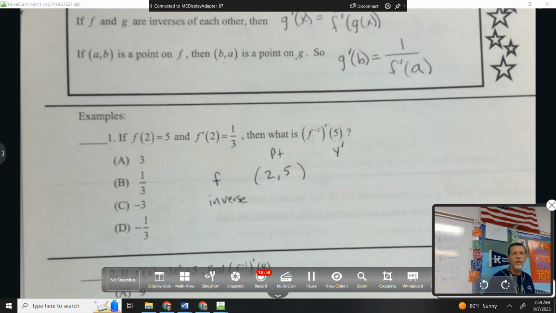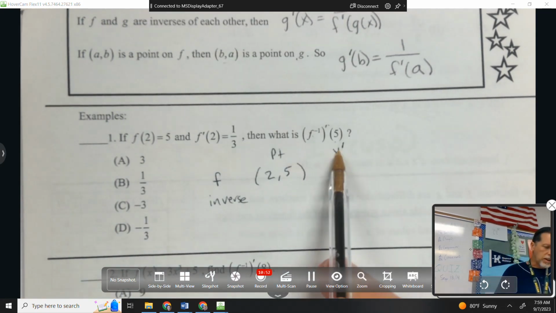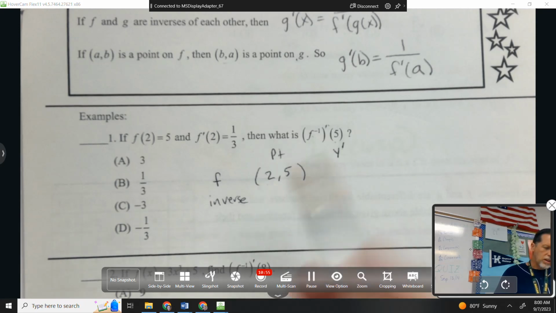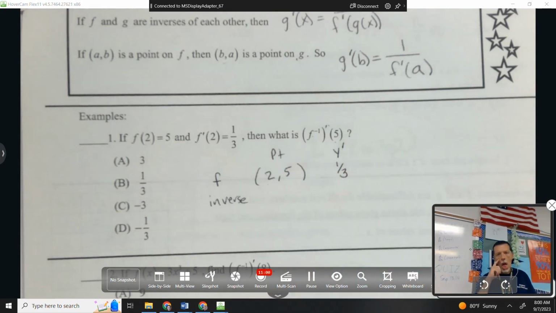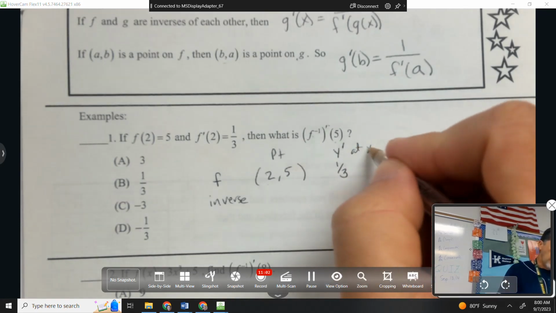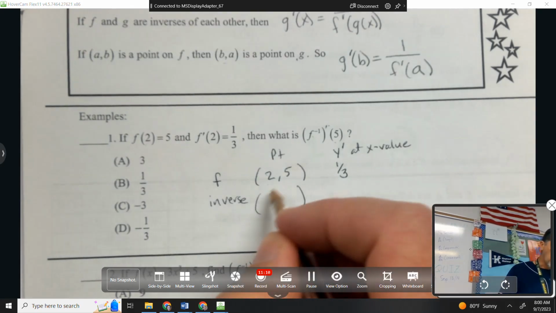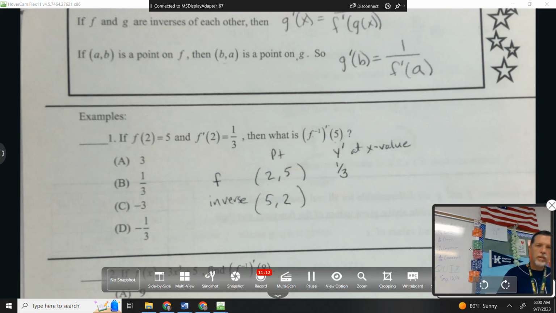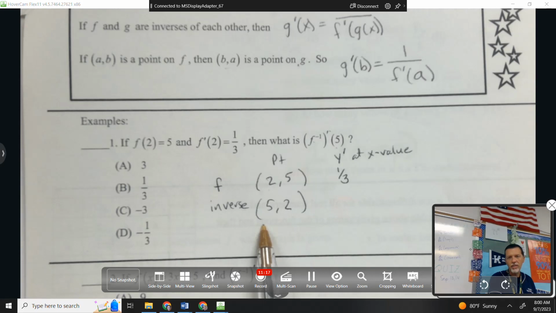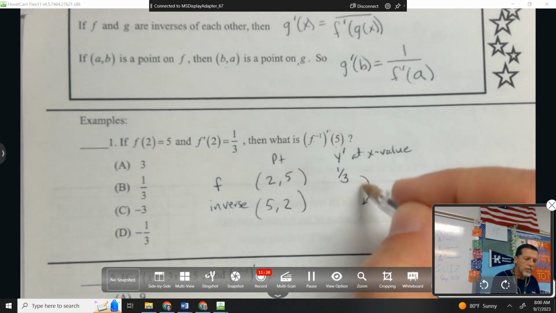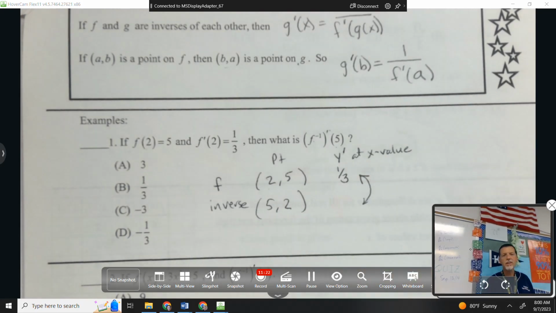X is 2, y is 5. And it tells me that the derivative at 2 is 1/3. Maybe I should specify y prime at the x value is 1/3. So the inverse point would be (5, 2). And y prime at 5, well, these two are reciprocals of one another. So what's my answer? 3.